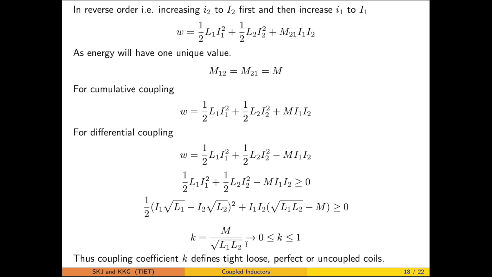So this is further suggesting that the coefficient of coupling value lies between 0 and 1, because the M value has to be less than or equal to root of L1 L2. So the K value cannot be anything other than a value between 0 and 1. Depending on this K, we can associate the coils as tightly coupled, loosely coupled. Likewise, for perfect coupling, K has to be 1.